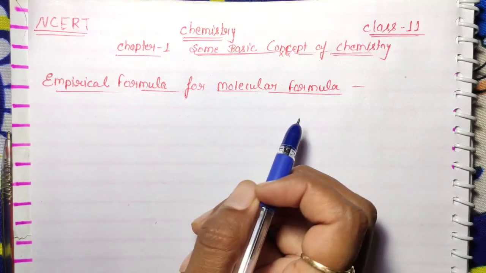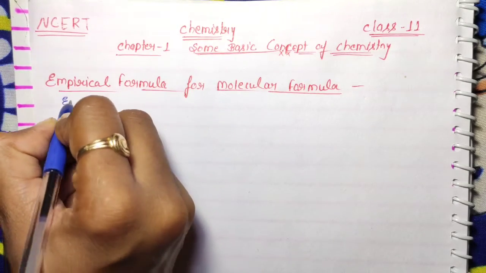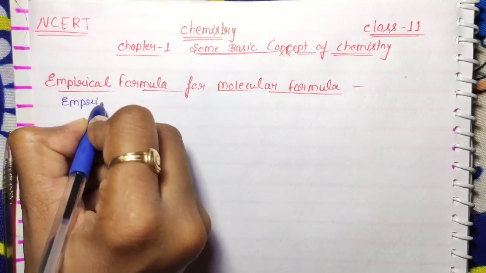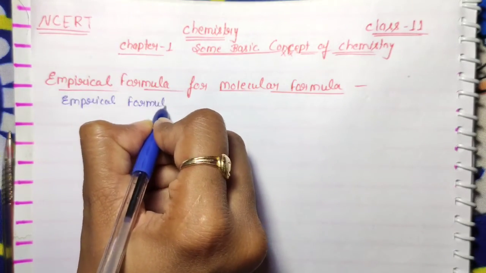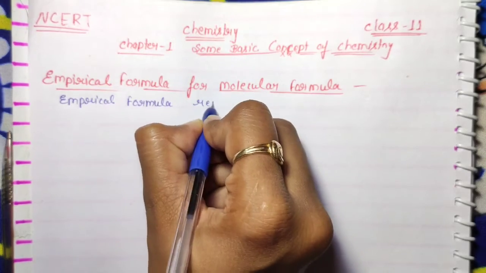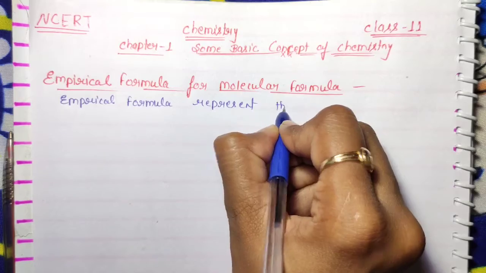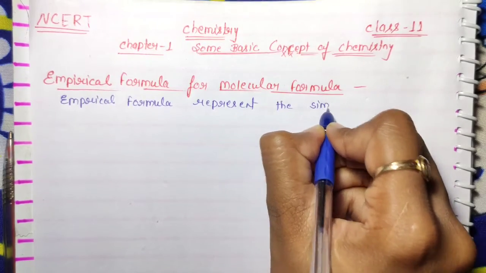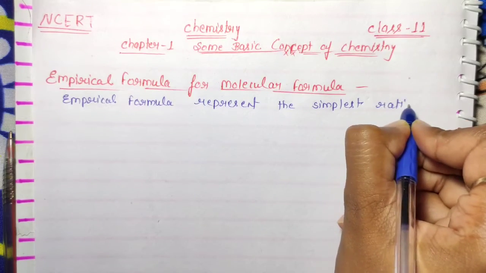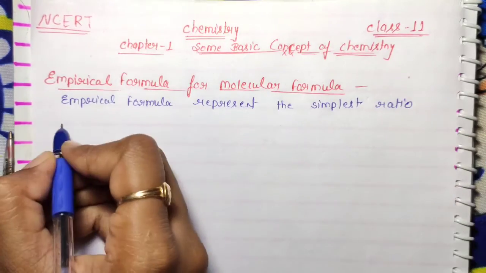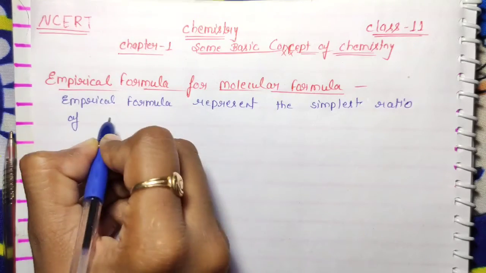What is empirical formula and molecular formula? Empirical formula represents the simplest ratio of various atoms.